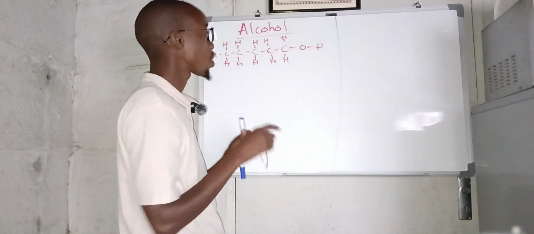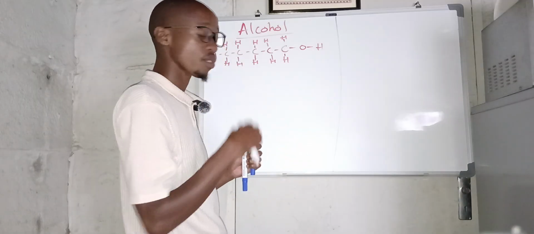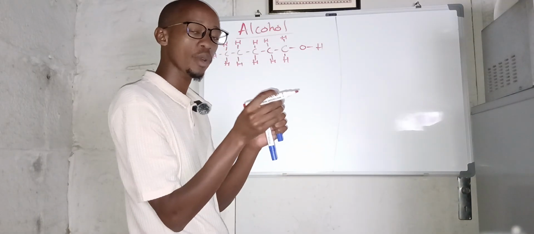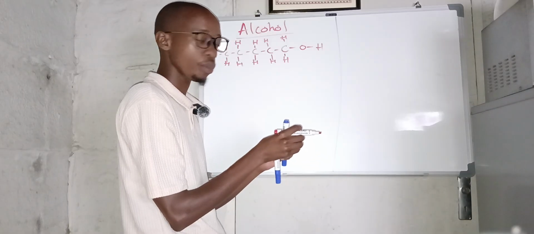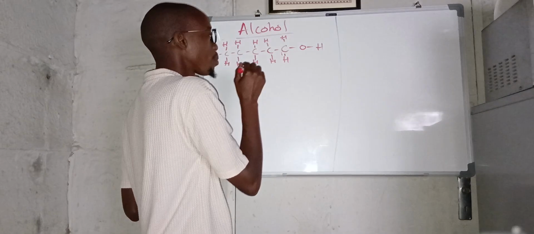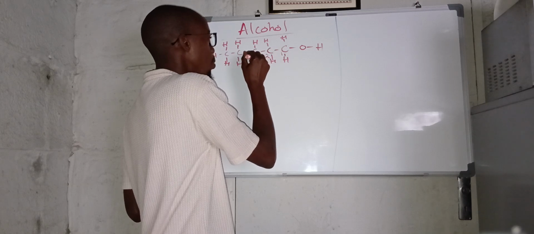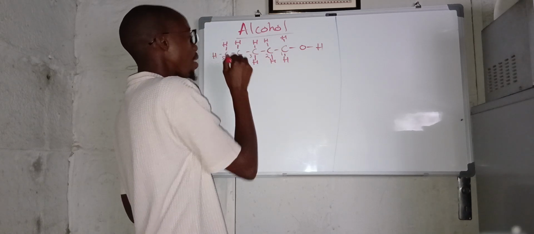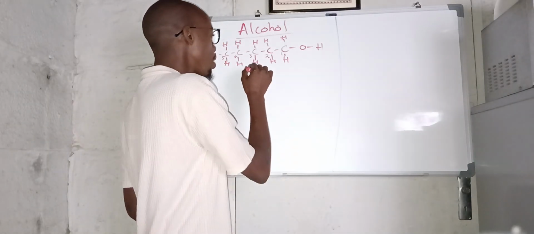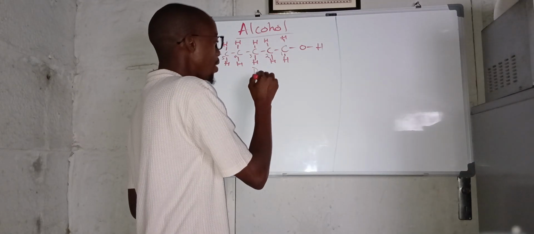First things first, we check the number of carbons. As I've explained prior, we count from the carbon closest to the functional group. In this case, the functional group is on carbon number 1, so we start counting from here: 1, 2, 3, 4, and 5. The number of carbons is 5, meaning the prefix is going to be pentan.